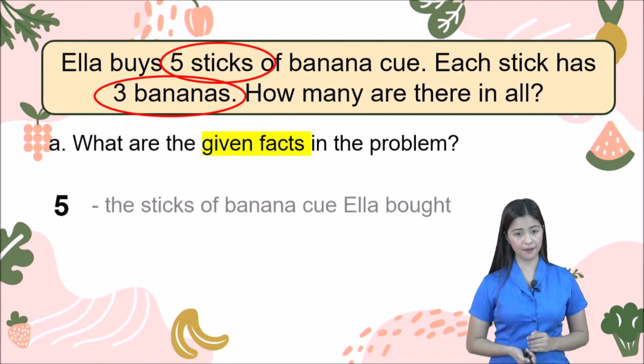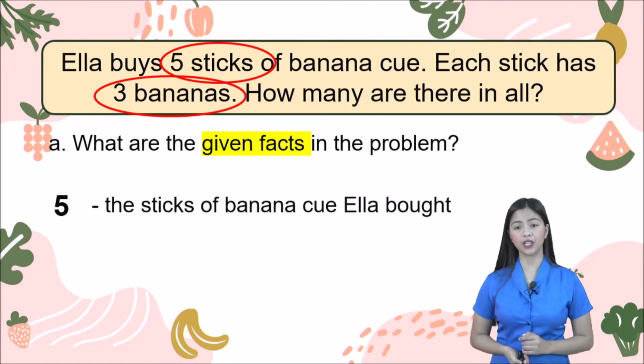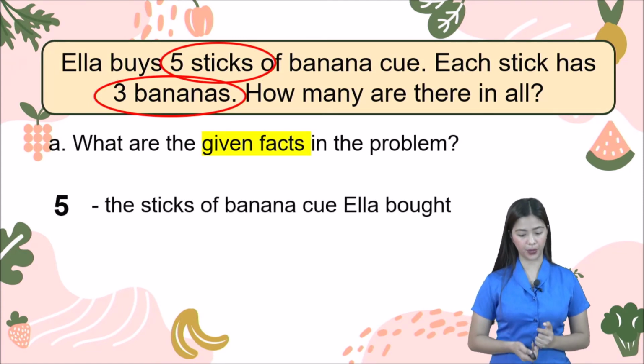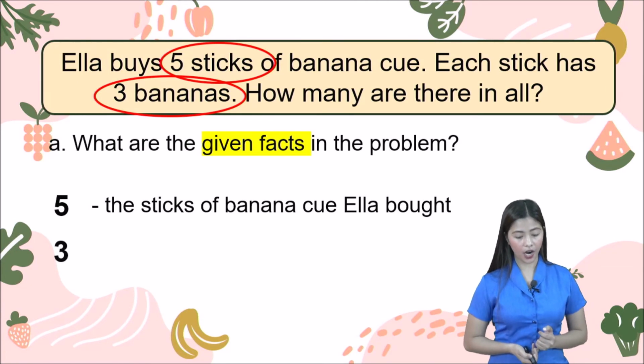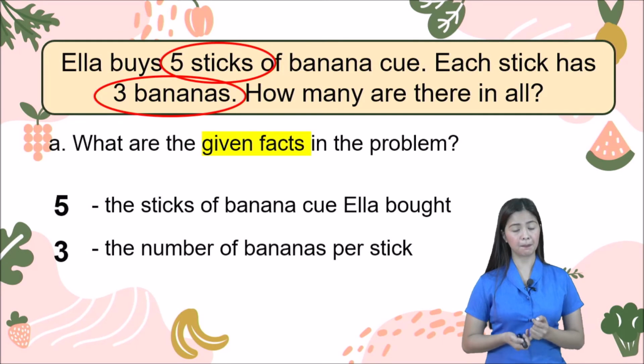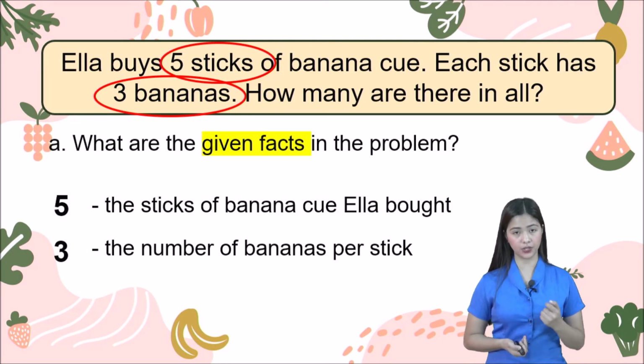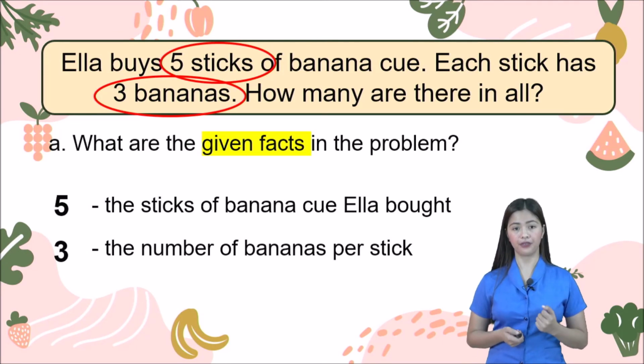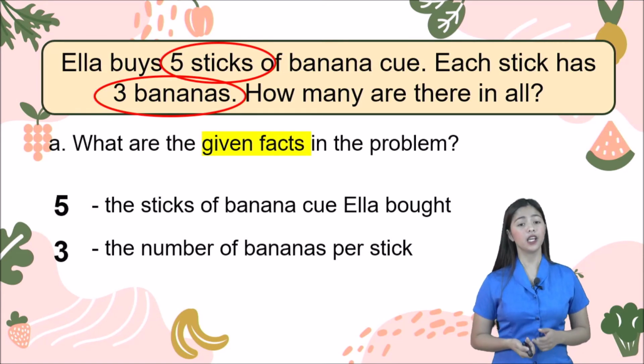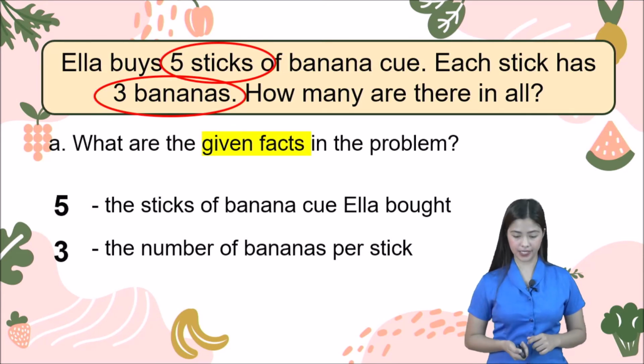So 5 sticks of banana Q Ella bought, and 3 is the number of bananas per stick. So those are our given facts.